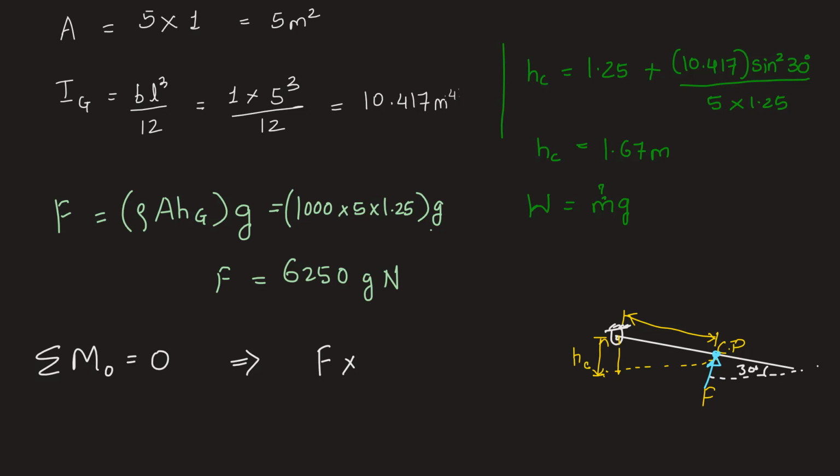It will be F into HC by sine 30 minus moment created by weight. Weight is acting like this somewhere here, it's vertically downward. So what we can do is we can either calculate the horizontal distance and take the moment of weight into the horizontal distance, or we can calculate component of weight in this direction, in the direction of the force itself.